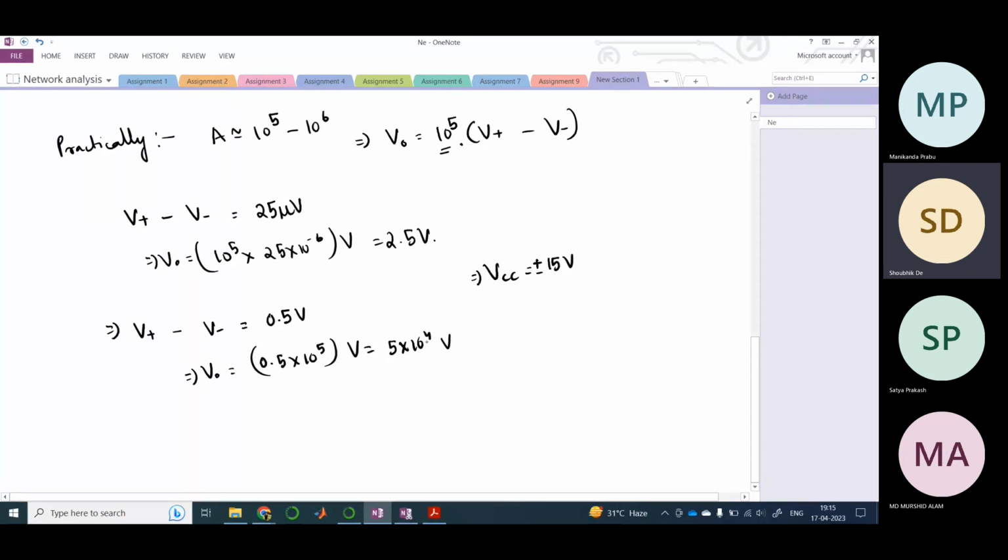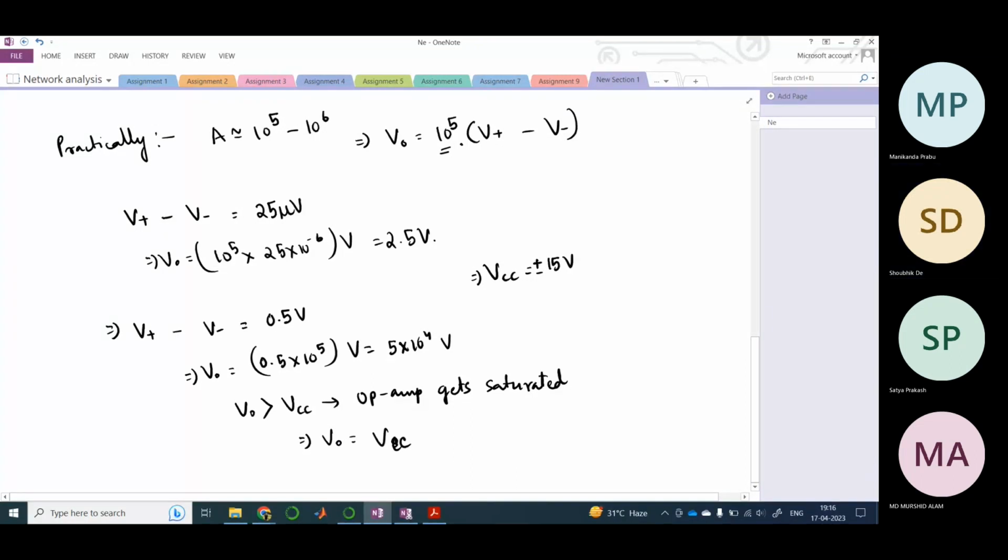So if the output exceeds VCC, then the op amp is said to be saturated, and V0 becomes equal to VCC.